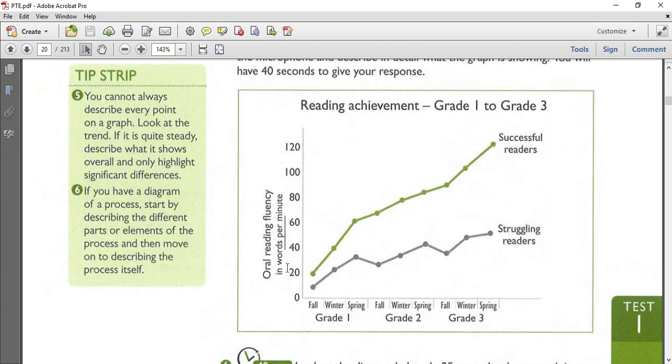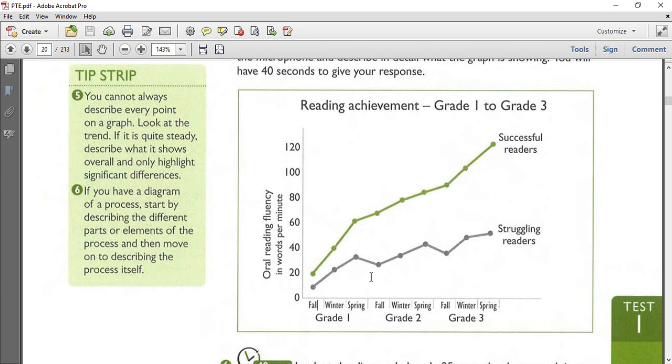So we can compare, starting from grade 1 in fall. We can see both of them rise significantly and steadily.